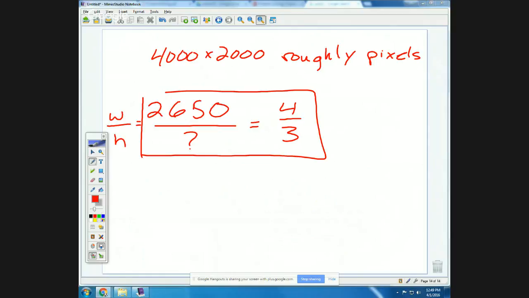Camera resolution. No, that's not right, is it? I thought it was way bigger than that. Oh, that's the wrong phone. Try one more time.